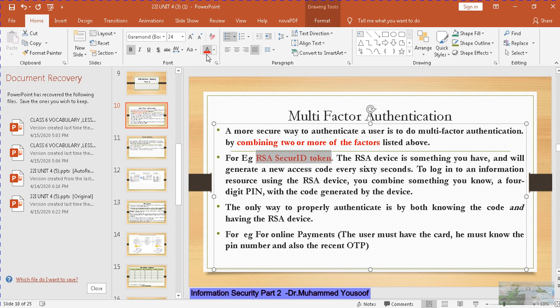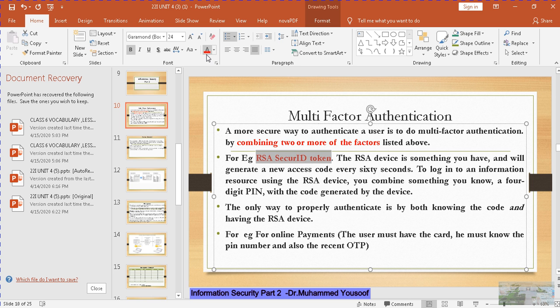So whenever you are going to get access to the particular system, you enter your username and password, then it will ask you to press the button on the device, and you will get a number. You have to enter that number in the text box provided in the user interface.